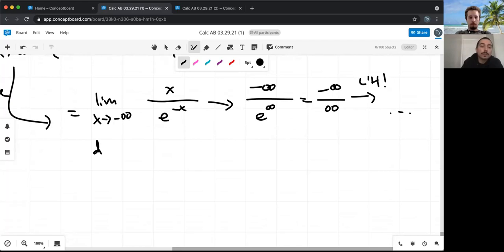Okay, so let's try L'Hopital's rule. The derivative of the numerator, the derivative of x with respect to x, is 1.